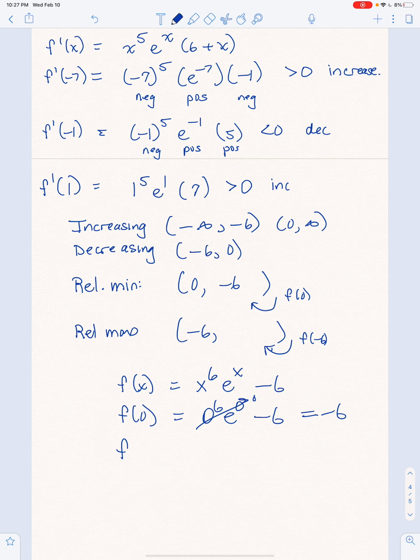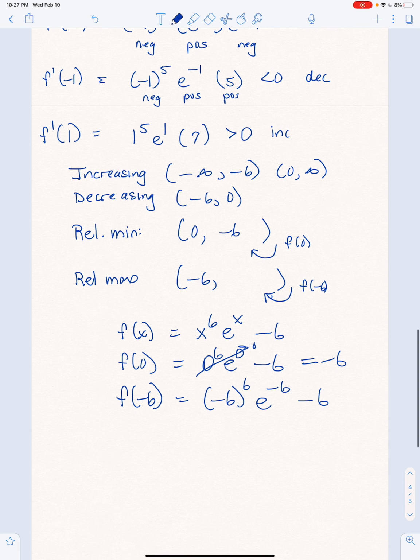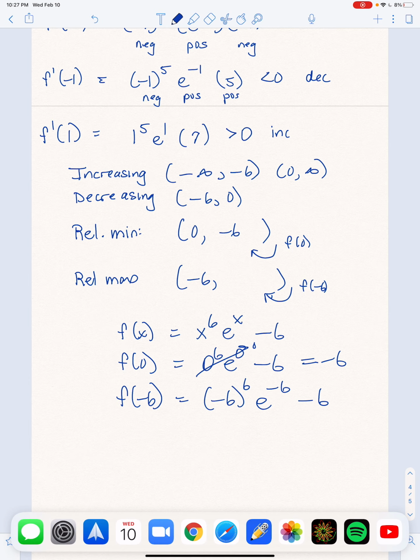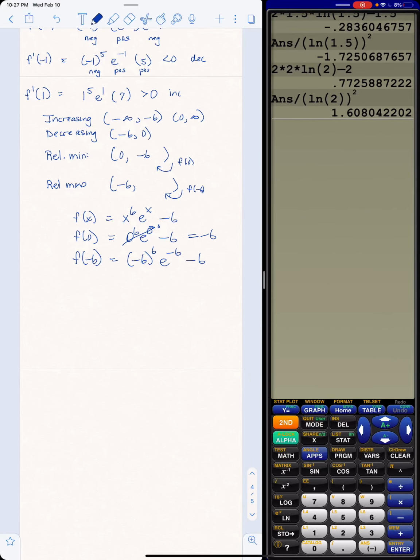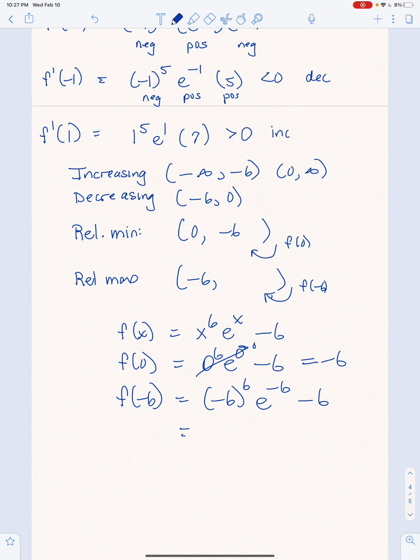And f of negative 6 is negative 6 to the 6th e to the negative 6 minus 6. Well, negative 6 to the 6th is the same thing as positive 6 to the 6th. I'm just curious what it is. So 6 raised to the 6th power is 46,656 times e to the negative 6 minus 6.